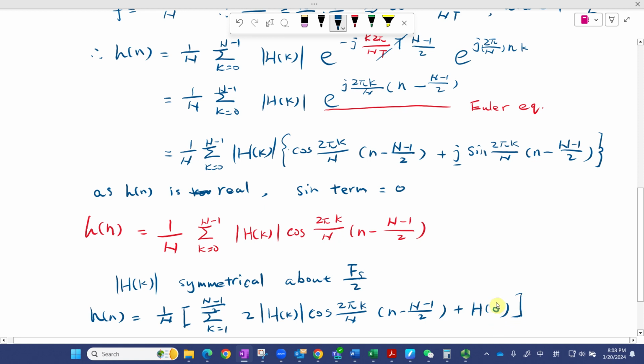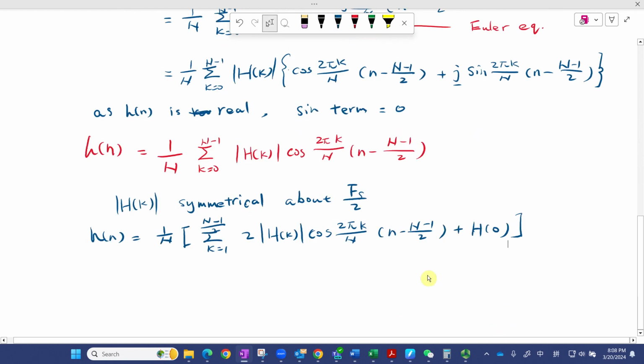That's the general equation for h[n]. We started from capital H[k], did the inverse DFT, and simplified it into this form. The difference I want to highlight is that the range here is different, there is a 2 as well, and there is another term. Next we're going to plug in numbers.